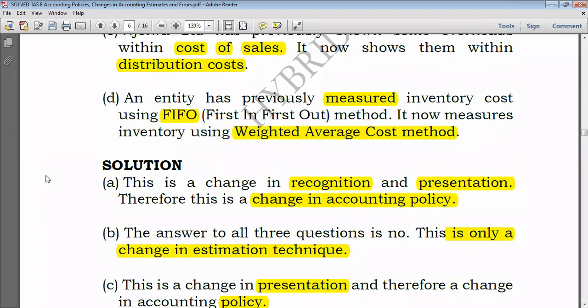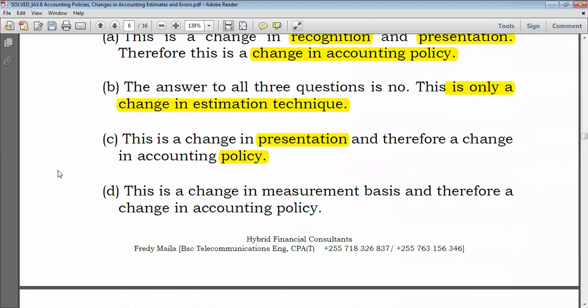So from FIFO to AVCO, you have changed the basis of measuring inventory. This would be a change in measurement basis, and a change in measurement basis would constitute a change in accounting policy. So you are just learning how to identify whether it's a change in accounting policy, a prior period error, or a change in accounting estimate.